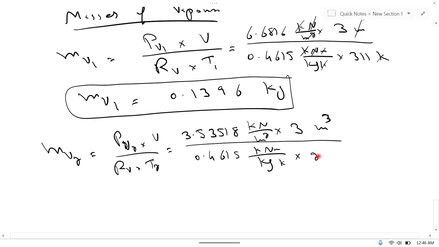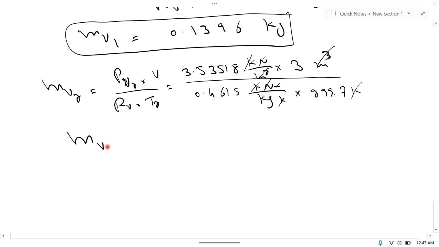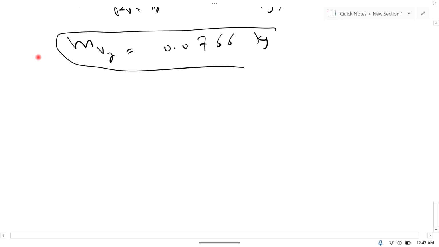And T2 is 299.7 Kelvin. Kelvin is cancelled with Kelvin, kilo is cancelled with kilo, Newton with Newton, and per square meter and per meter is per cubic meter, cancelled with cubic meter. So mass of vapor finally is 0.0766 kilogram.